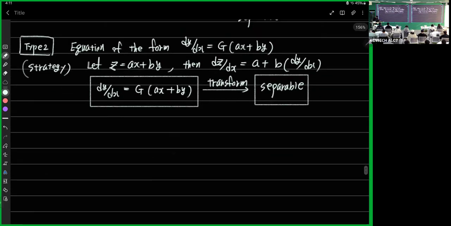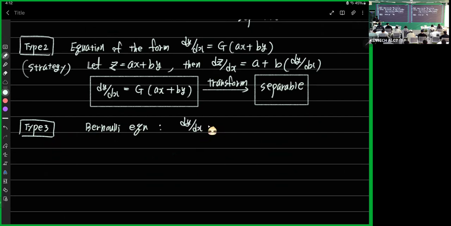So, on to type 3, the Bernoulli equation. The Bernoulli equation has the form dy/dx plus p of x times y equals q of x times y to the nth power.